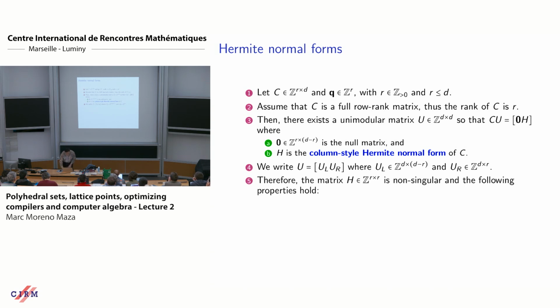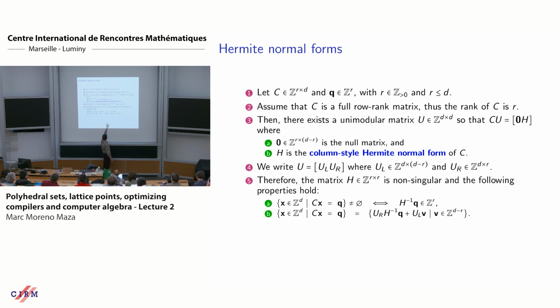Once we have that, we have the following properties. So first, as we all know, H is non-singular. Moreover, the set of the integer points solving Cx equals Q is non-empty if and only if the inverse of H times Q is an integer vector. And moreover, the set of these points can be described by this formula here, where we make use of these two parts of the unimodular matrix, UR and UL.